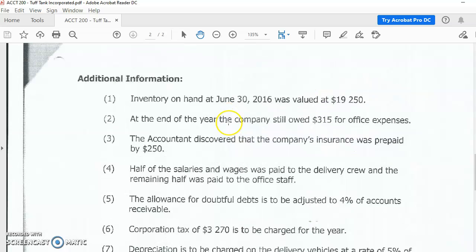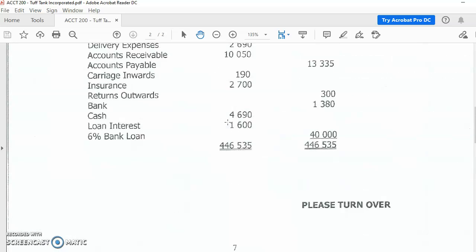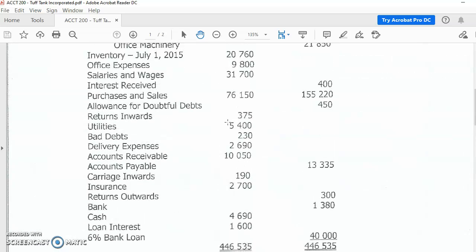And if you look at the trial balance for office expenses, the trial balance is telling you exactly what they did during the year when they recorded their transactions. So at the end of the year, they would have only paid $9,800 for office expenses.